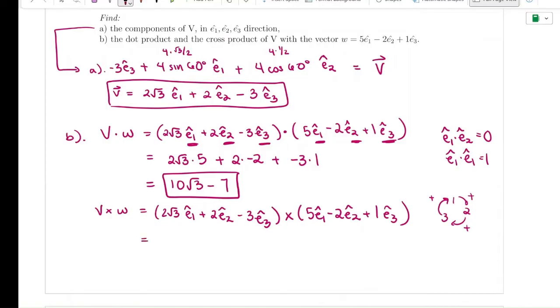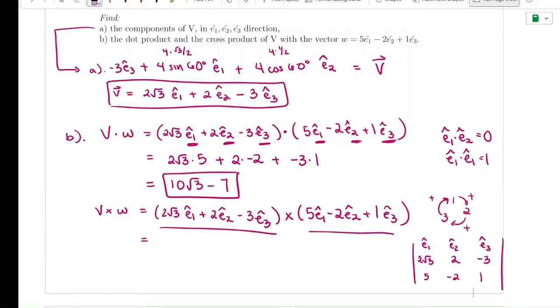The other way is to do the determinant method, which would mean you take the vectors. So we have the unit vectors e1, e2, e3. And then you put the first vector in the first row, and then the second vector in the second row, and you do the determinant.